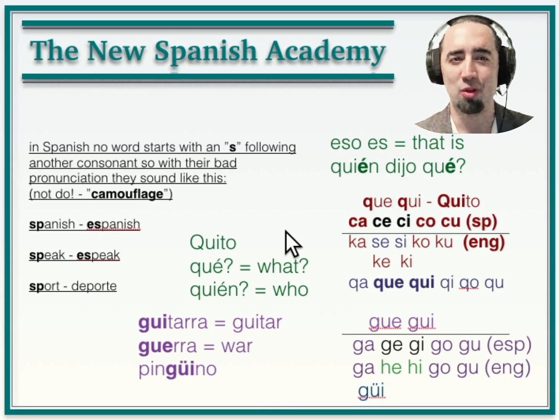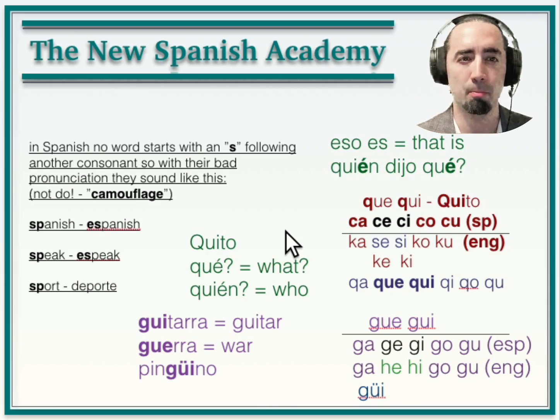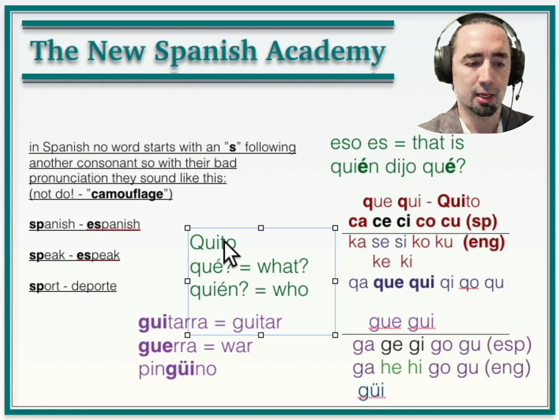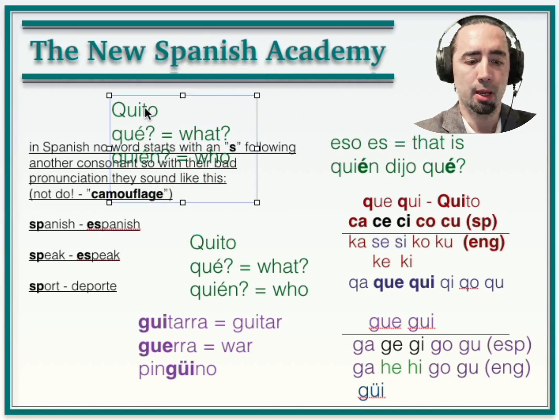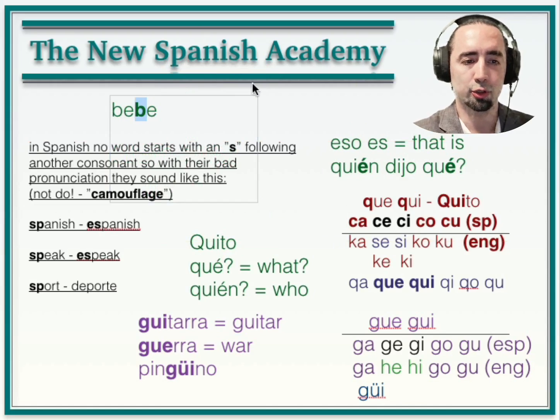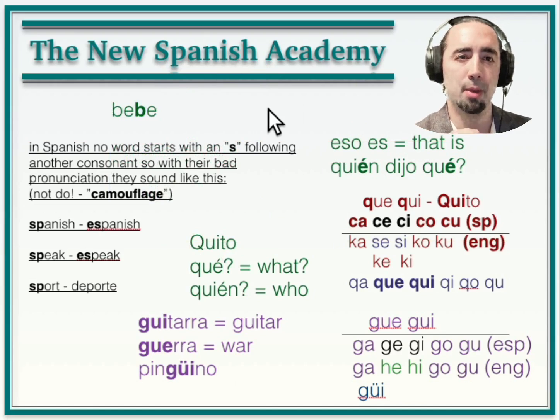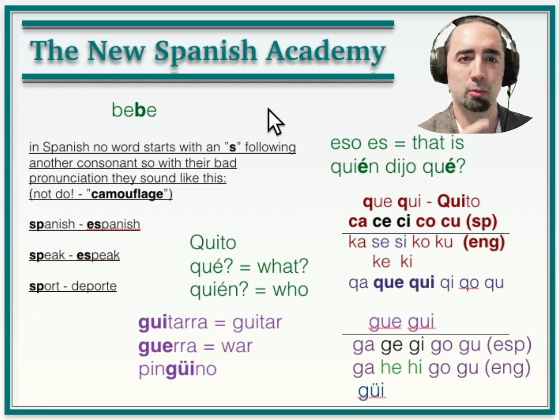So when the B is in the middle, bebé, like baby, the second B, don't touch your lips. Be, the first one. The second one is almost like blowing. Bebé, bebé, bebé, all right?